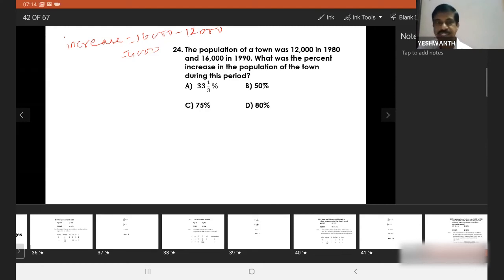What percentage, what means X, was the percentage increase in the population of the town during this period? So what means X, percentage increase means 100, increase of population is 4,000.